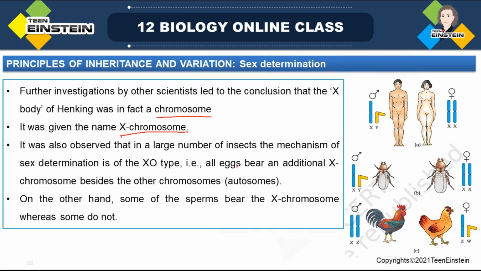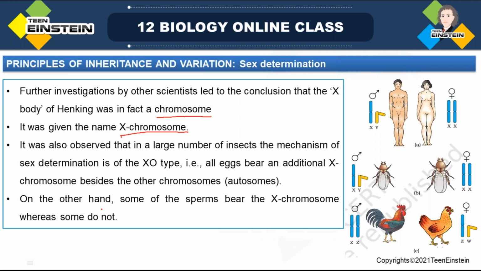All eggs bear an additional X chromosome besides the other chromosomes. Other chromosomes means autosomes. So they have a particular number of autosomes, and then an additional X chromosome beside the autosomes.